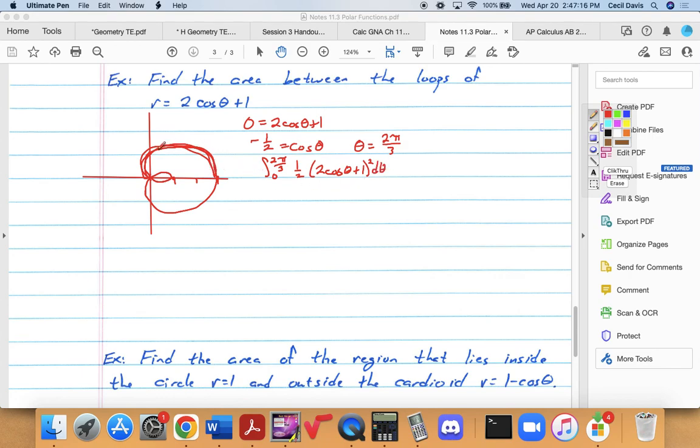That would get me that far. Then I start doing the inner loop. So minus the integral from 2 pi over 3, and to save myself from having my head explode, I'll just tell you that that is until 4 pi over 3, of 1/2 of (2 cosine theta plus 1) squared d theta.